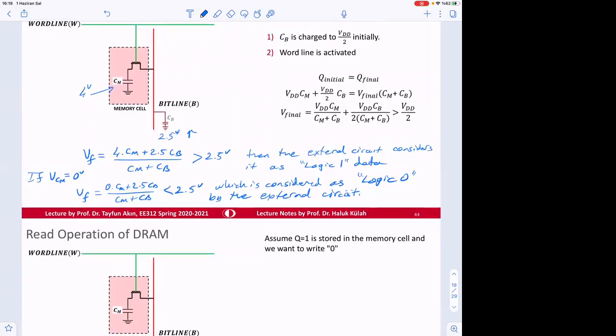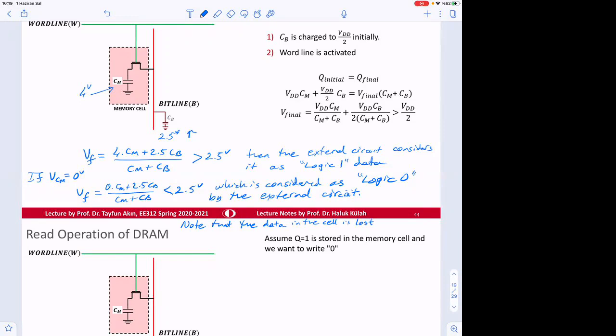Note that the charge in the cell is removed, so the data in the cell is lost.